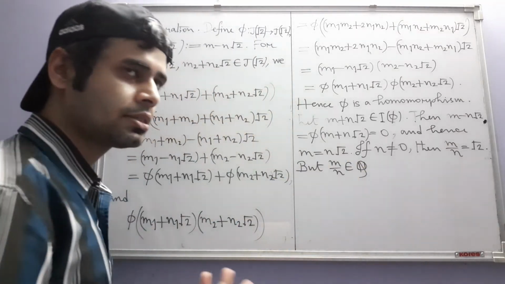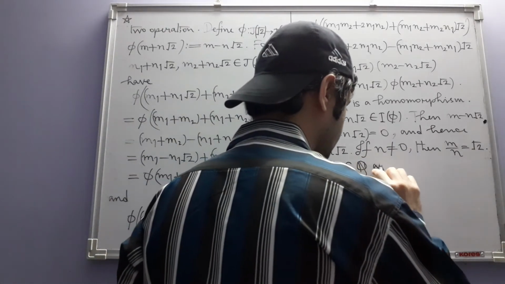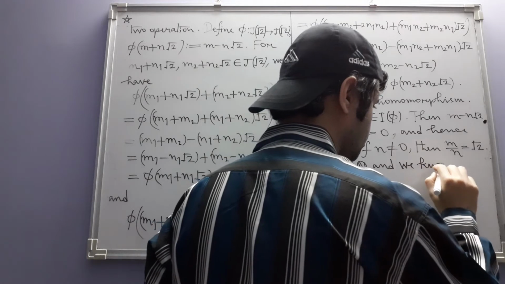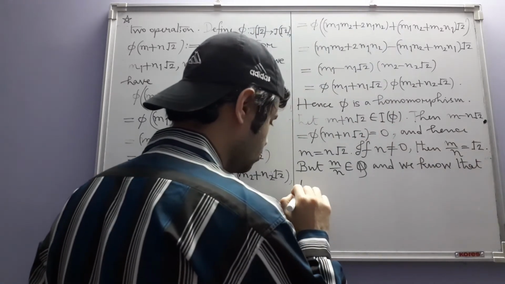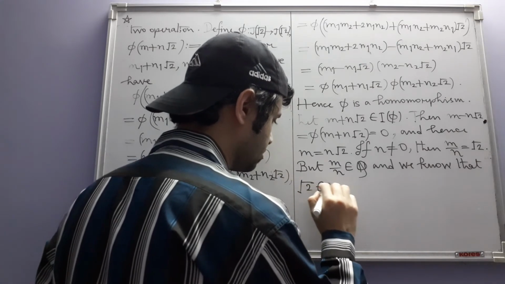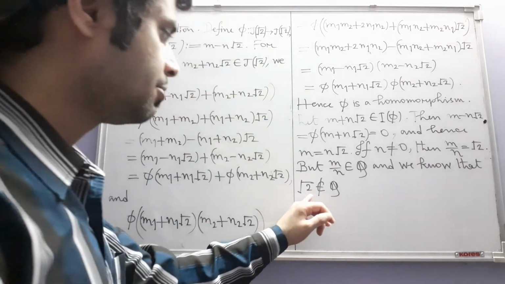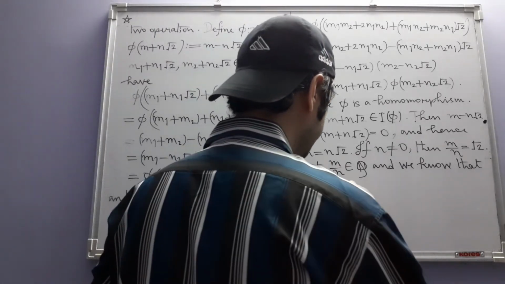By this we mean the set of rational numbers Q. And we know that root 2 is not a rational number. We assume that we know this, okay? And the proof is really easy.